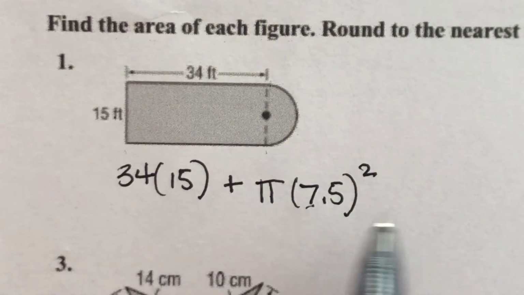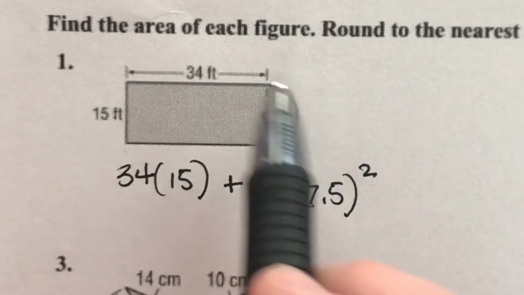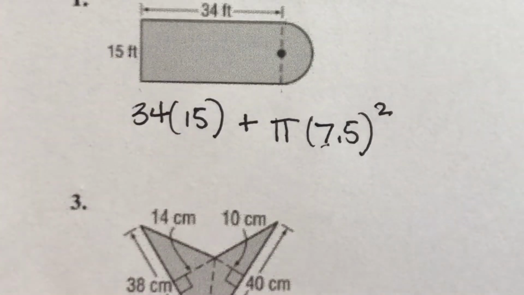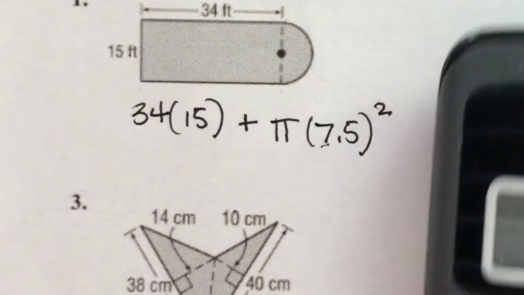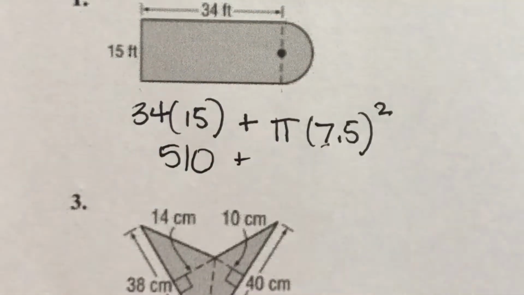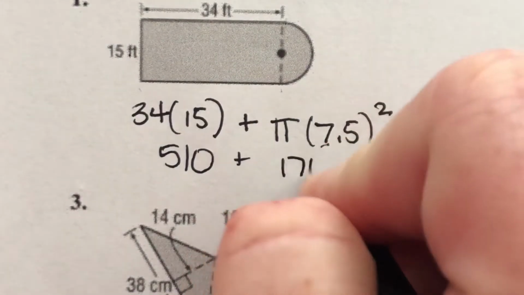Okay, so these 2 things together are going to give us our total area of the rectangle and half the circle. So all you need is your calculator to multiply this out. 34 times 15 is 510. And 7.5 squared times pi is 176.7.